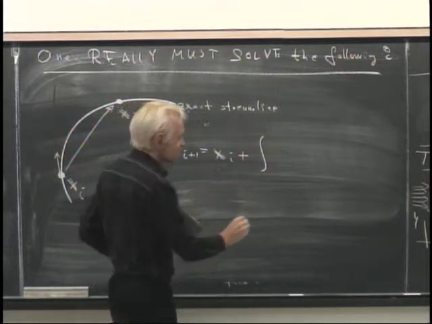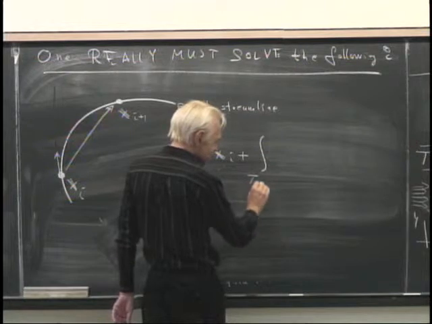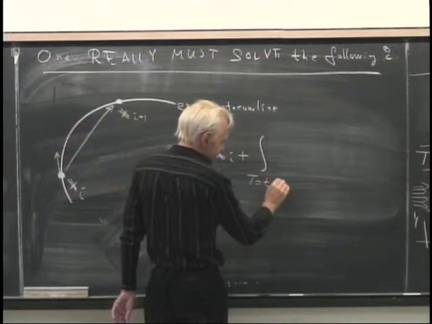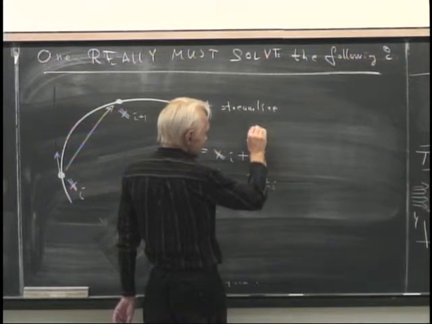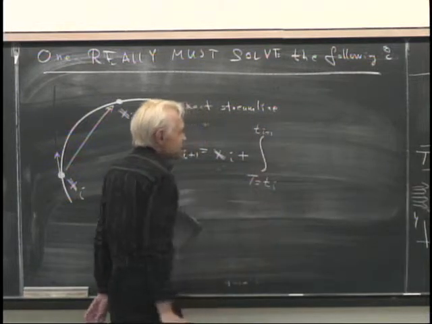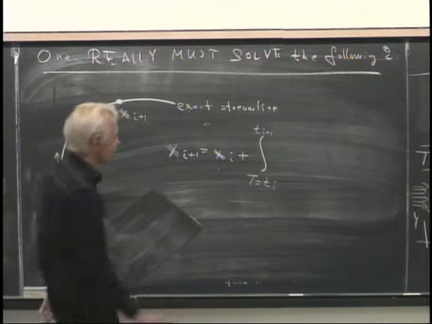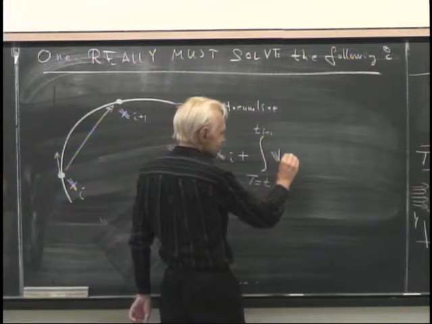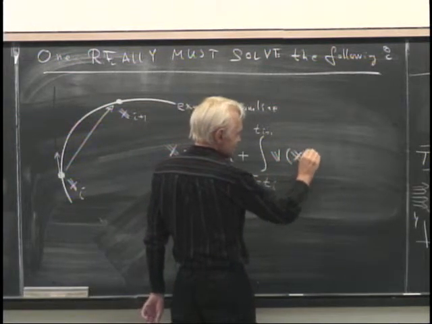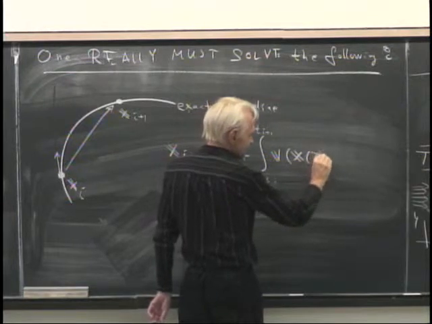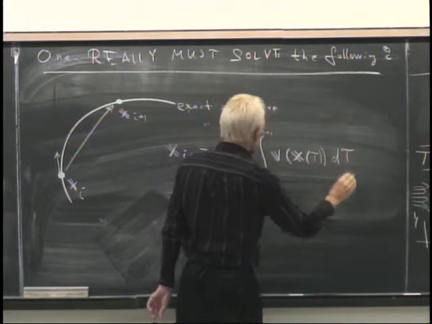And I integrate over time, capital T, from ti to ti plus 1. What do I have to integrate? I have to integrate little vectors along the curve: velocities at locations x, which depend on time, times differentially small times.